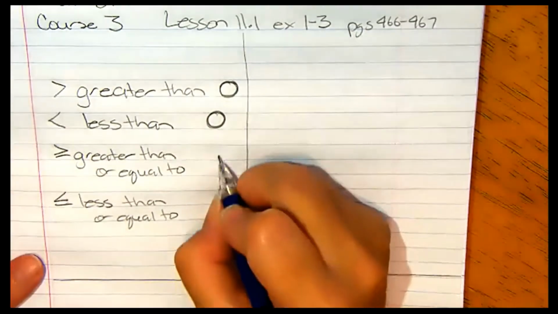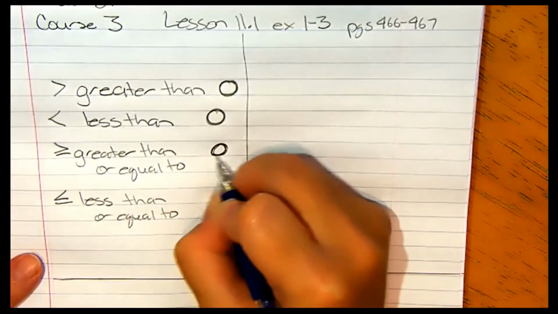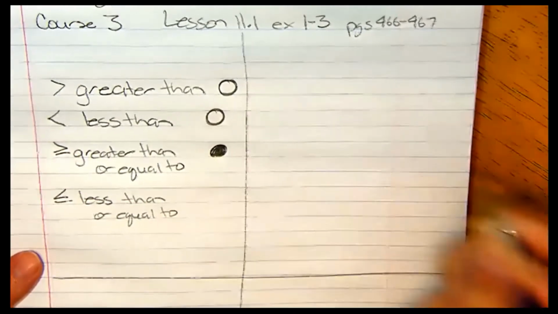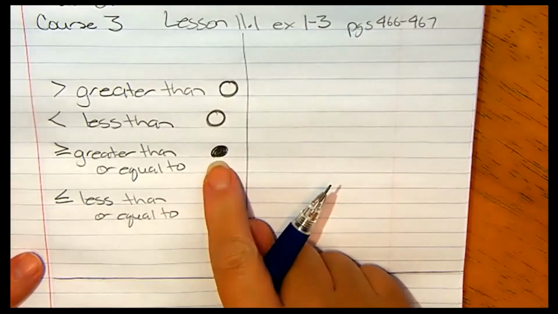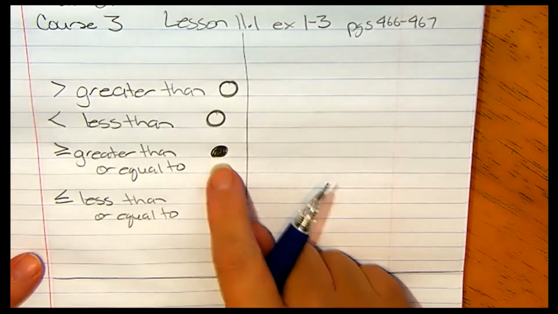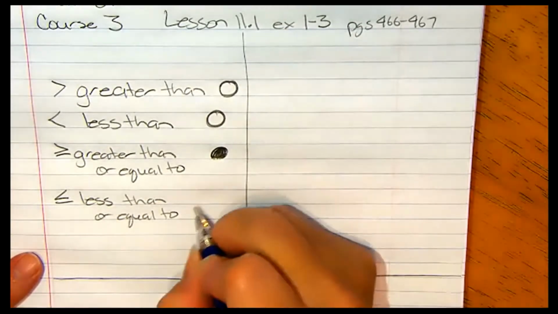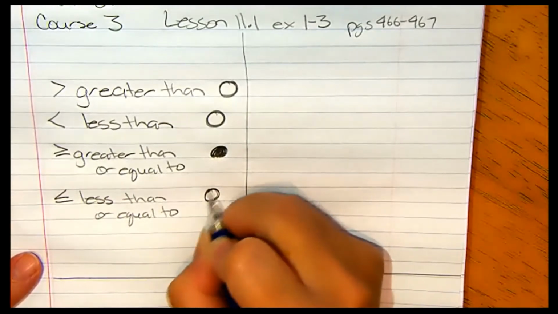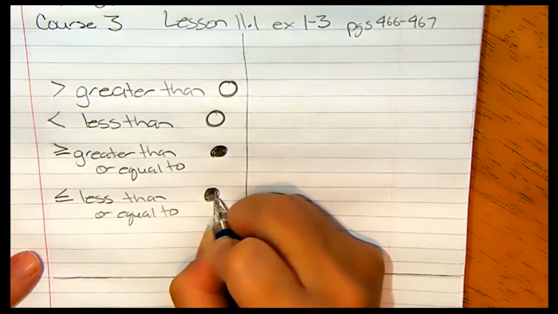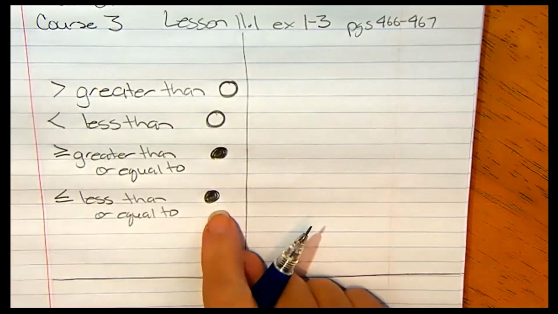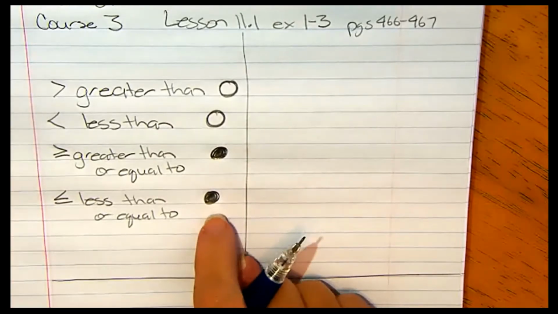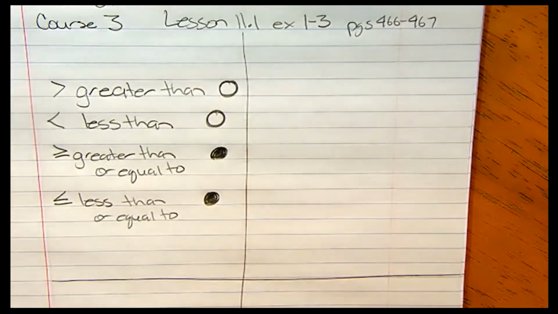Greater than or equal to, we used a closed circle, which meant this is where the solution started and that number was included in the solution set. Same thing for the less than or equal to. The closed circle meant that's where the solution started and the number was included in the solution.